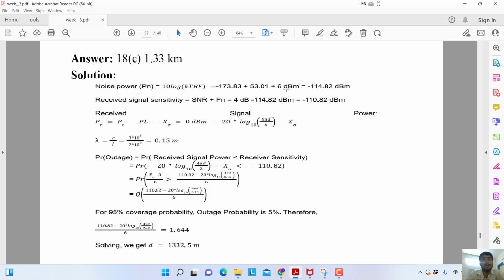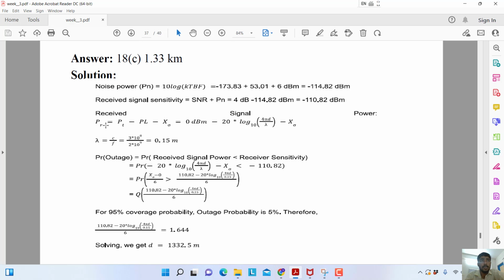Noise figure is given as 6 dB. From that we calculate the received signal sensitivity, the required SNR is 4 dB, and noise power is minus 114. So signal sensitivity is minus 110.8 dBm.